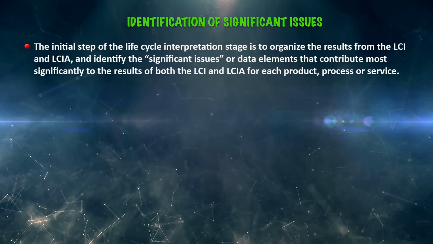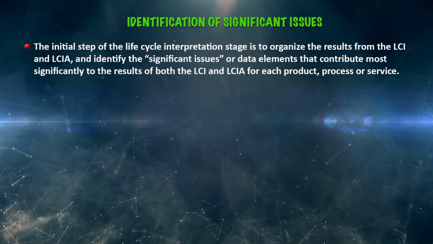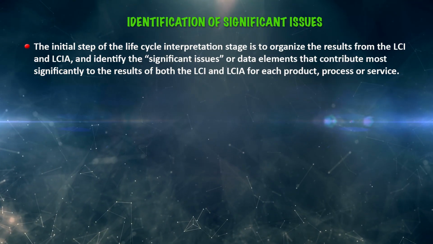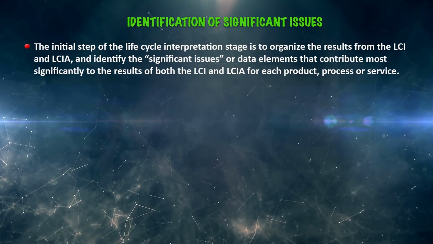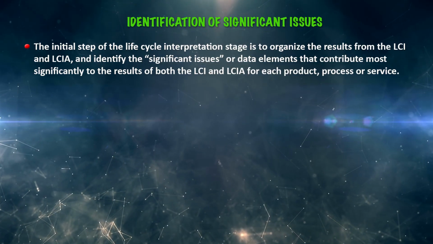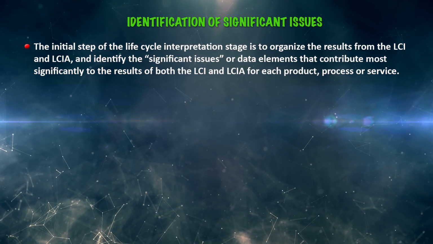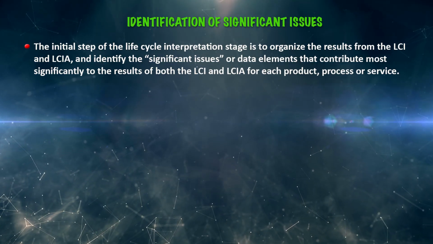The initial step of the life cycle interpretation stage is to organize the results from the LCI and LCIA and identify the significant issues or data elements that contribute most significantly to the results of both life cycle inventory and life cycle impact assessment of each product, process or service.